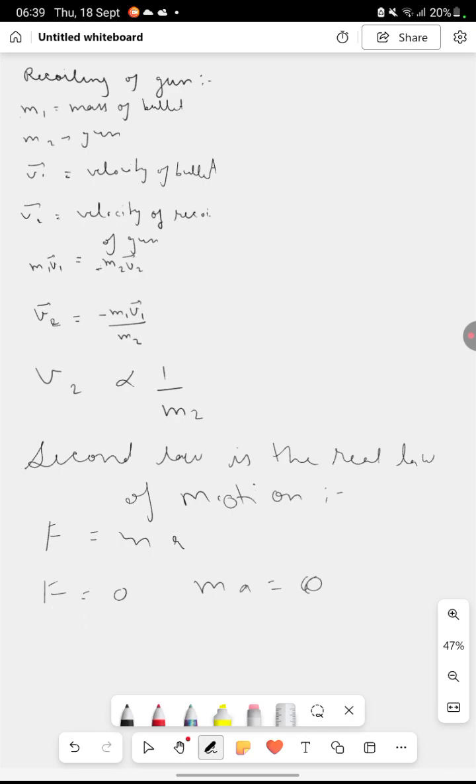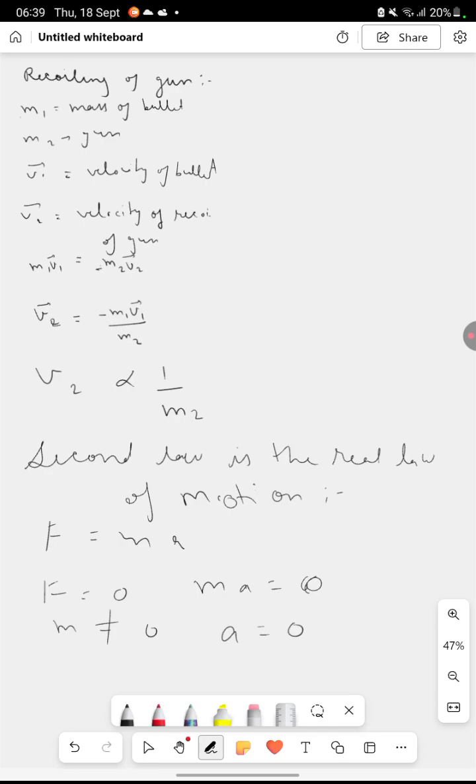There will be some mass of the body, so m can't be equal to 0, so acceleration will be equal to 0. Hence, if there is no external force, then the acceleration is 0. That is the first law.